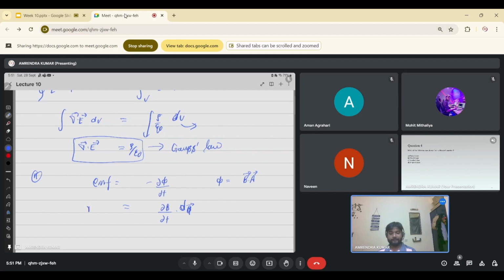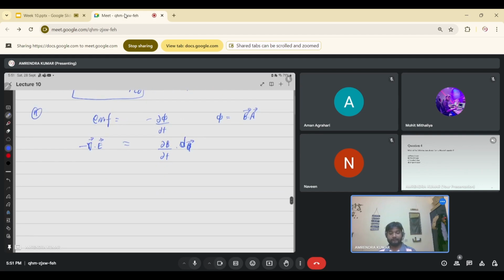So EMF is nothing but the closed integral of E, with a negative sign. That's why we have del cross E equal to minus del B over del t.